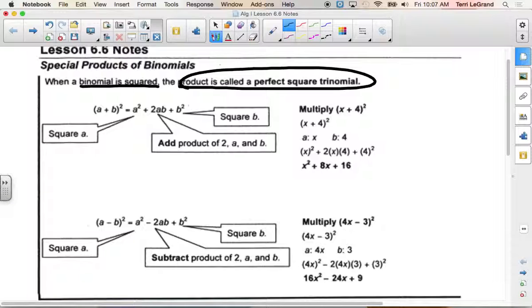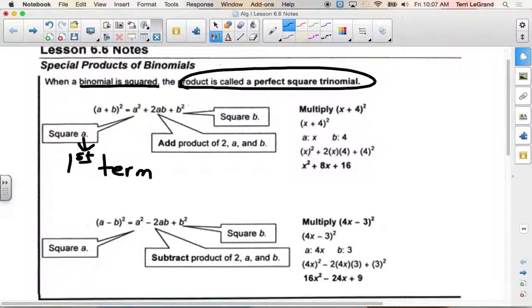Well, here's a shortcut that we can take. If we are taking a binomial times itself, we really can just do this. Square A, meaning the first term. It might not be an A. It's probably going to be an x, or in that case over there it was a 3x, another time it was a 2x.